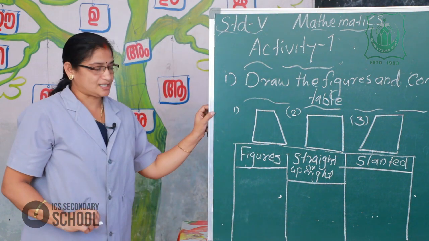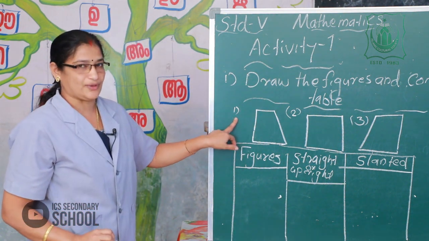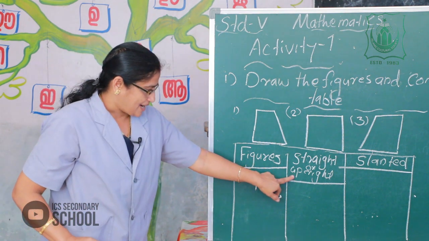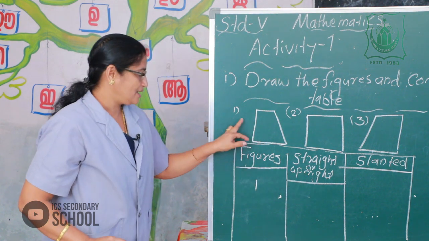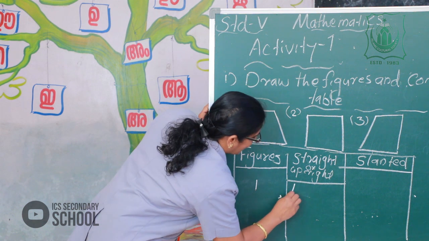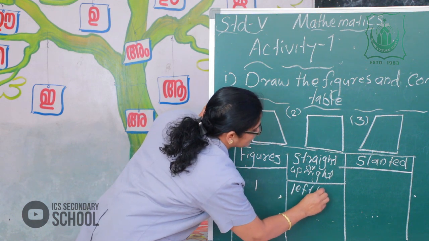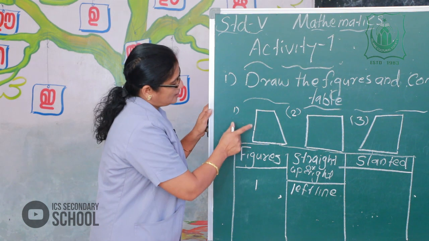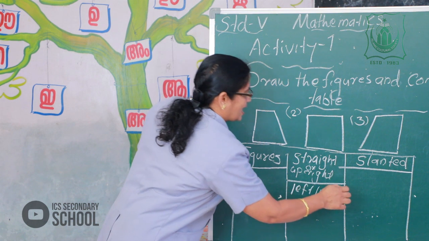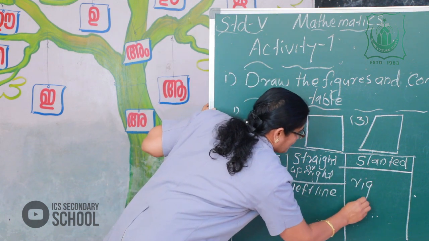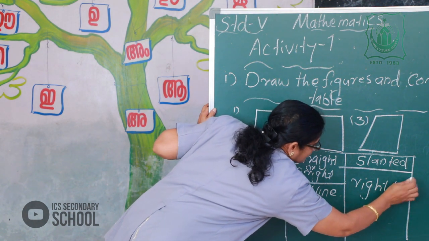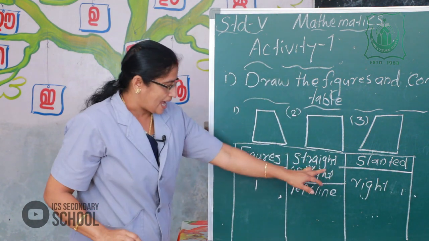As to figure 1: straight line or upright line. The left line is an upright line and the right line is slanted. Right side is slanted.